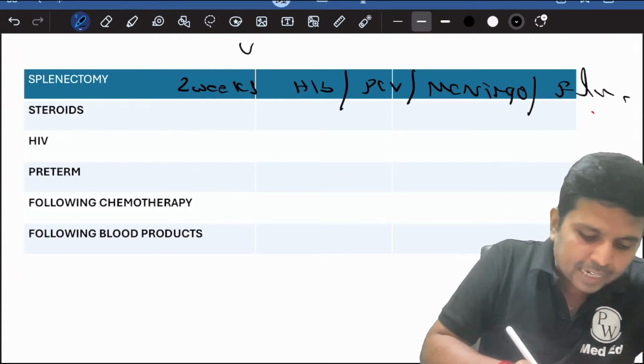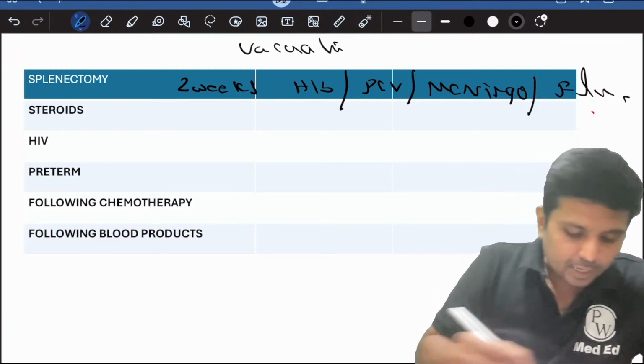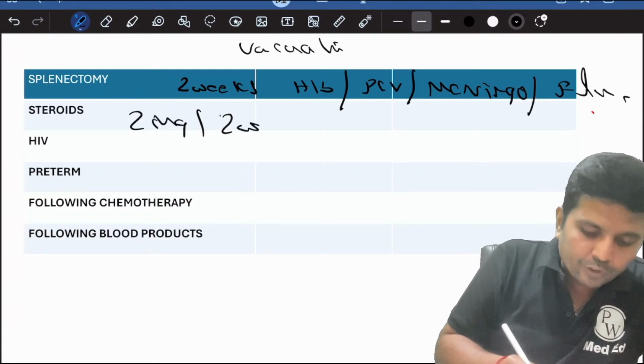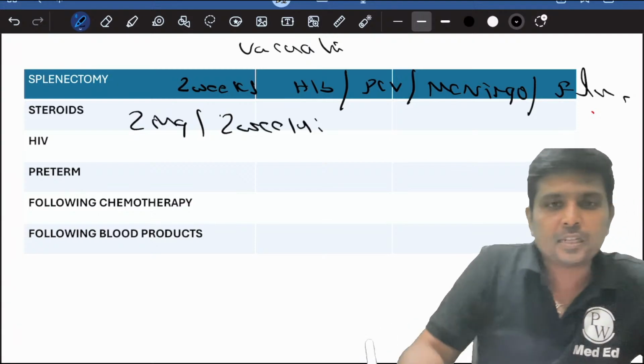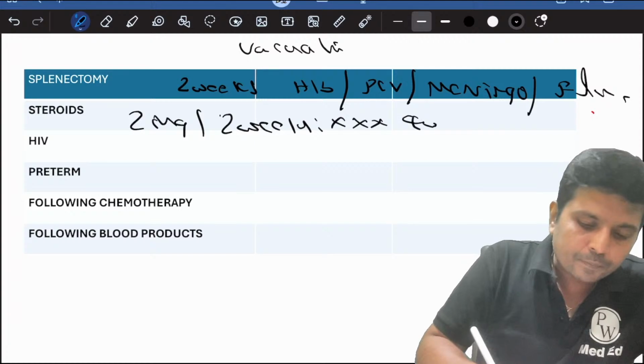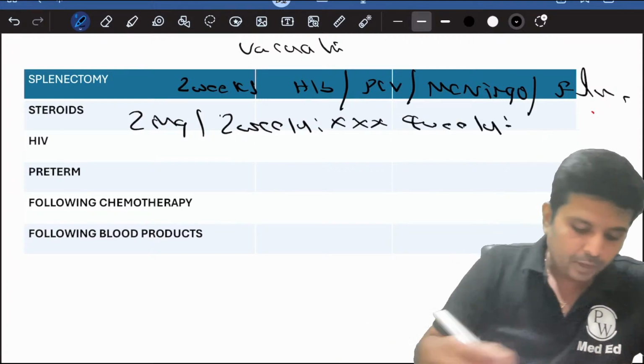With respect to vaccination, when the child is on steroids, that is 2 mg per kg for more than 2 weeks, I repeat, it means for the next 4 weeks no live vaccine at all.